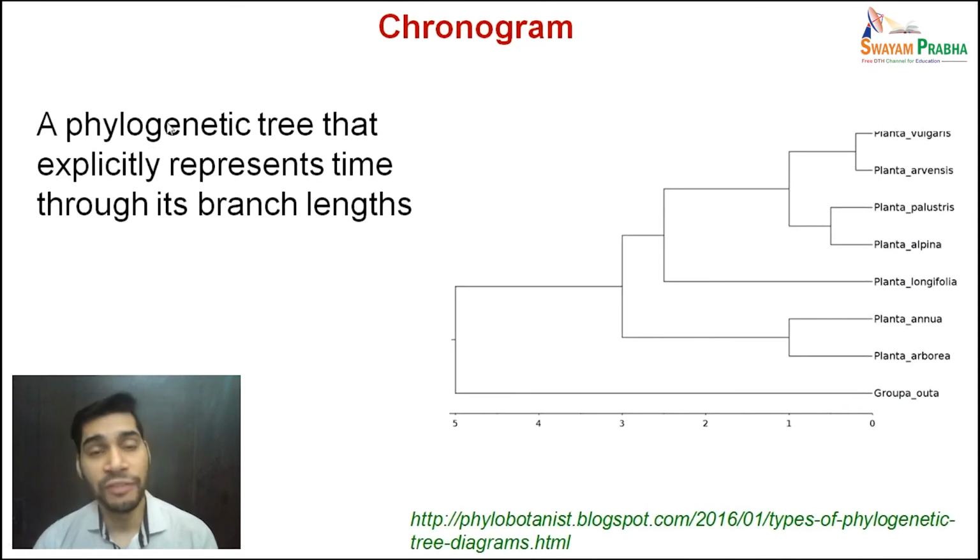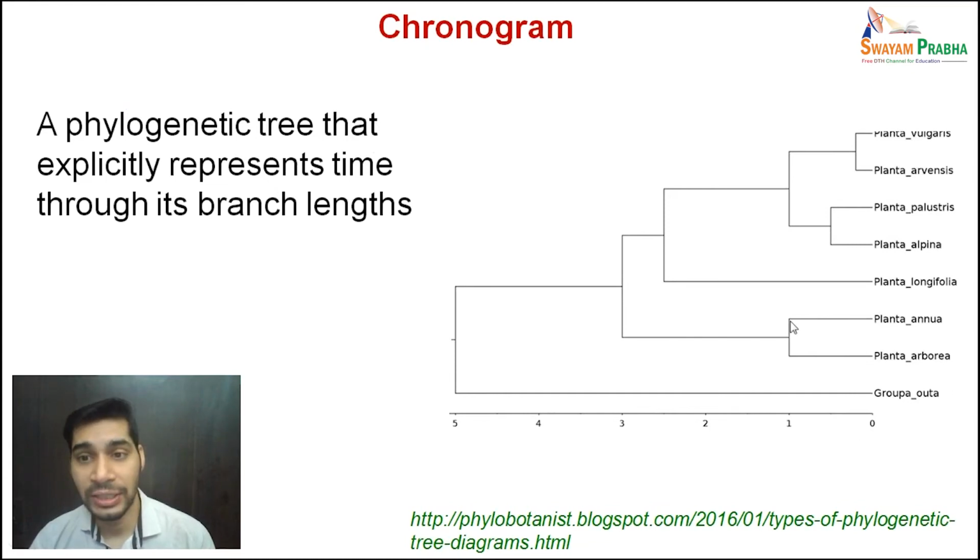Moving further, there is a type which is called chronogram. Chronogram is a phylogenetic tree that explicitly represents time through its branch length. So here it is not the random length of the branch, but the length of each branch represents time. If this is the recent time, the present time, it is represented by a 0.